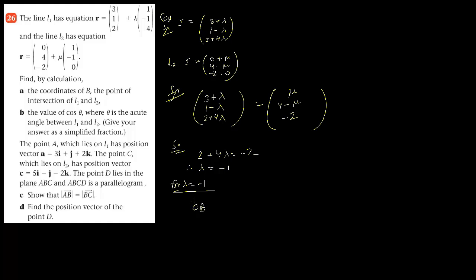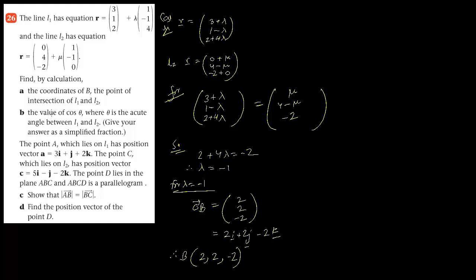So we can write the position vector OB equals 3 minus 1, that means 2, 1 minus minus 1, that is 2, 2 plus 4 into minus 1, that means minus 2. So we can write it in the IJK format, 2i plus 2j minus 2k, and the coordinates would be, therefore, B has coordinates 2, 2, minus 2.